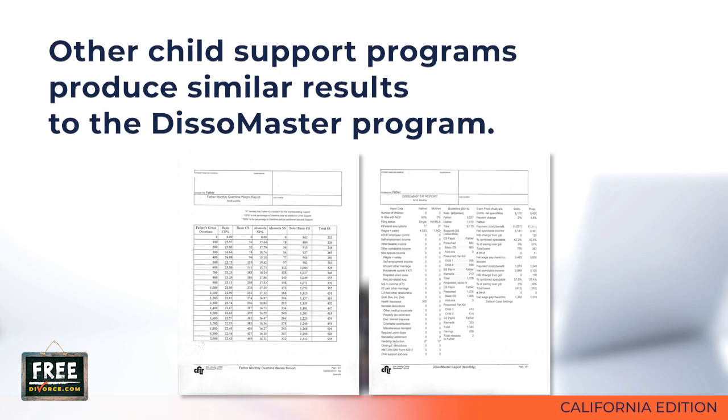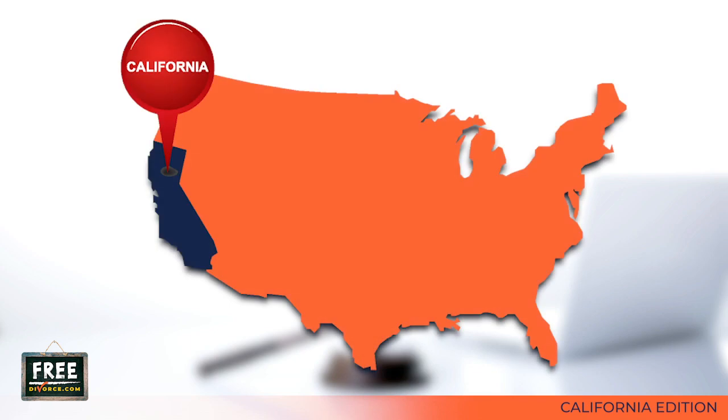How the printout looks is not important. What is important is that all of the child support calculation programs produce very similar child support numbers. Of course, you only want to run child support programs that are designed for the state of California. Other states have very different rules when it comes to child support.